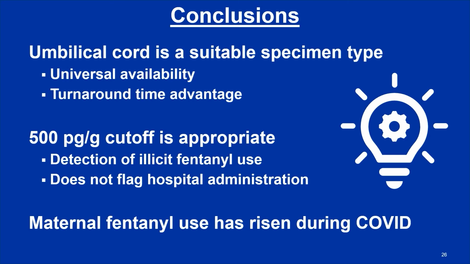And the research that was just presented provided us with evidence that we can even lower the cutoff a little bit. And beginning December the 6th of 2021, we will lower our cutoff to 200 picograms per gram. Lastly, maternal fentanyl use has risen during apparently the COVID situation. There could be other reasons, but we all know that COVID has been a prevalent factor in our environment over the past year.